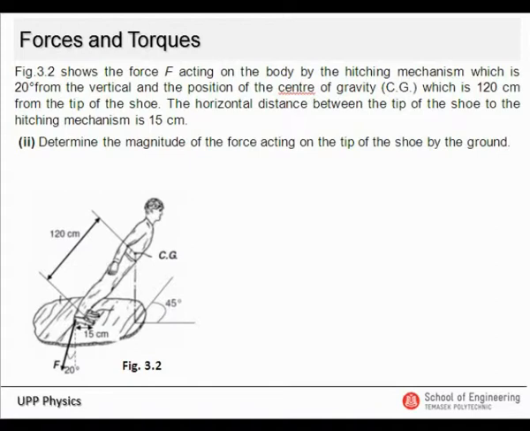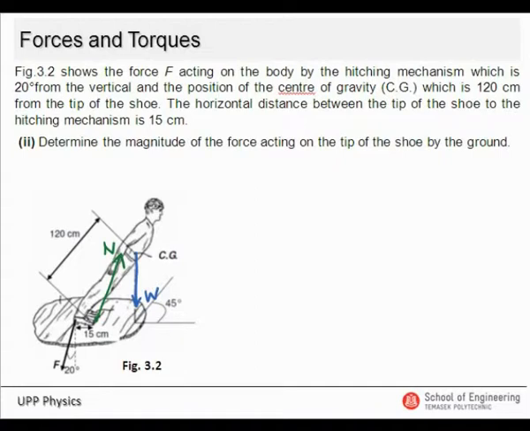Now, the weight of Michael is represented by the weight W, which acts vertically downwards. His normal contact force, acting at the tip of the shoe, slanting to the right, is represented by N. And of course, the force F, acting on his body by the hitching mechanism.